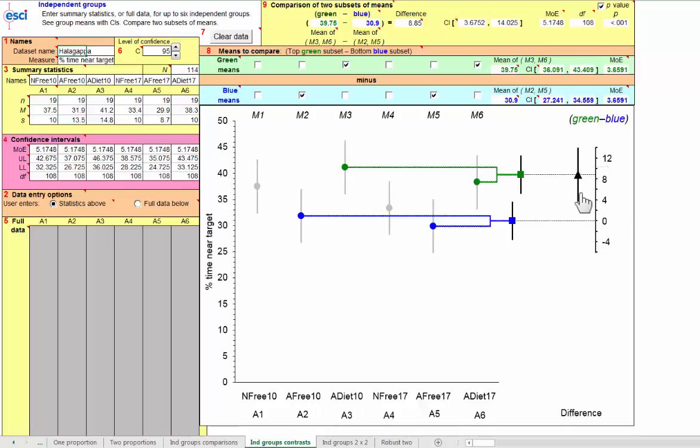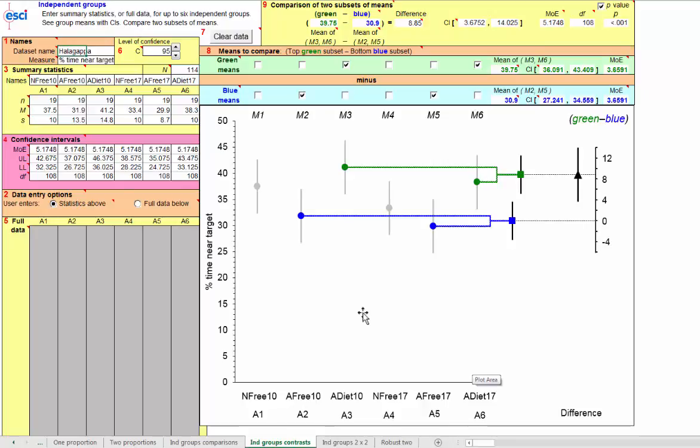This is very strong evidence that restricted eating does improve performance, and our estimate of to what extent it does is something between about 4 and 14 percentage points here. And we can draw a causal conclusion most likely because we've had random allocation to the diet and the ad lib feeding groups amongst these Alzheimer's mice.